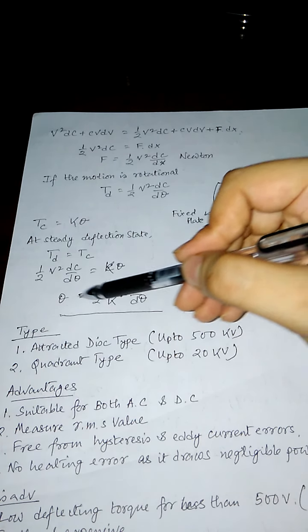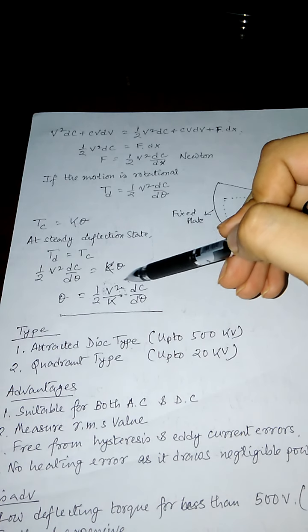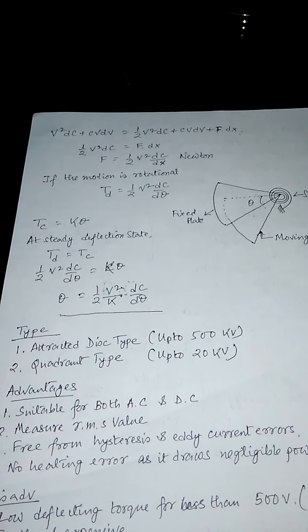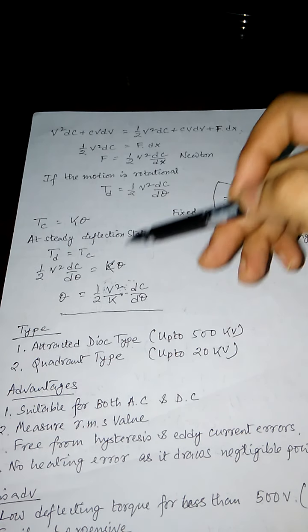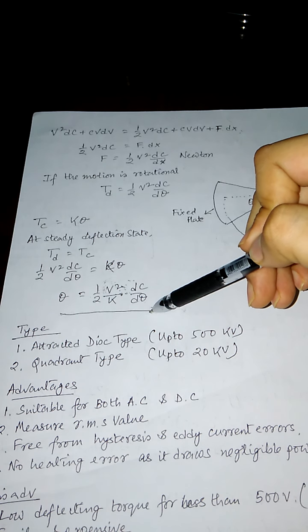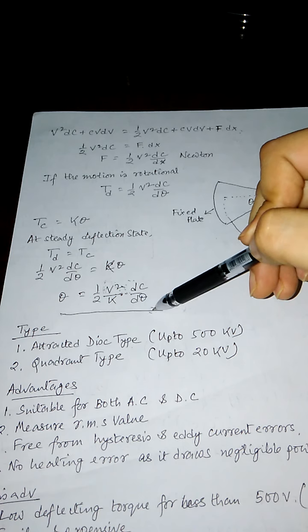So the deflection angle is proportional to the voltage square, and the scale is non-uniform, that means cramped towards the end. This is the drawback of this instrument, that the scale is non-uniform.